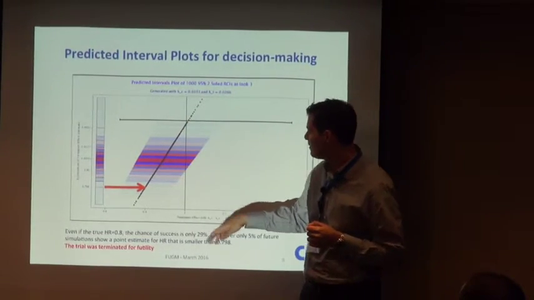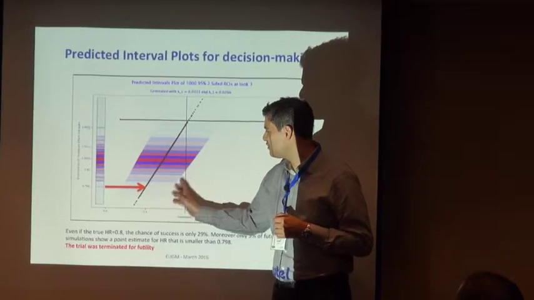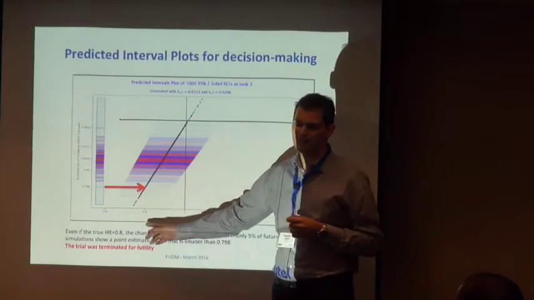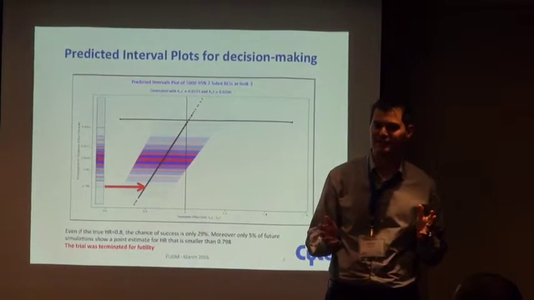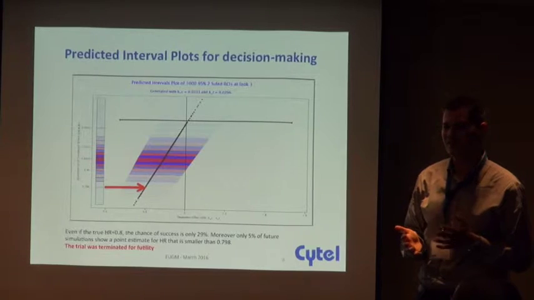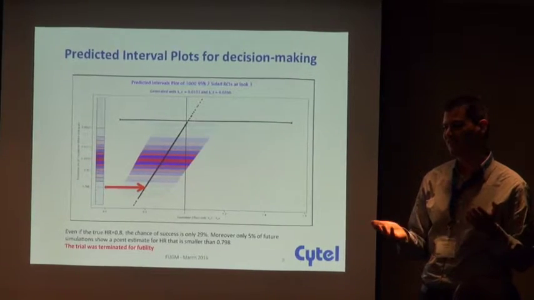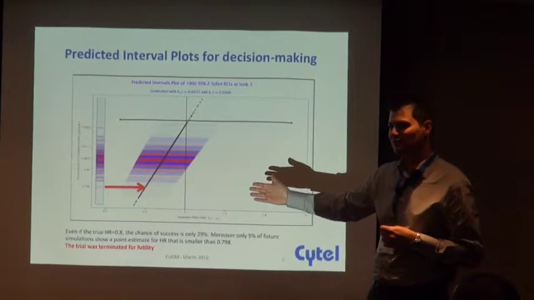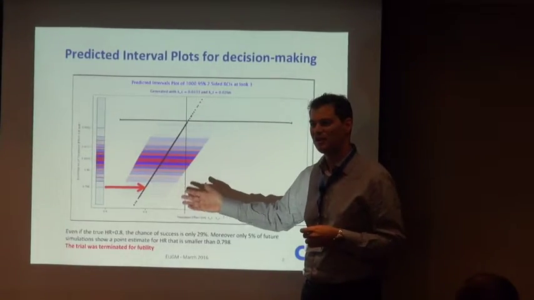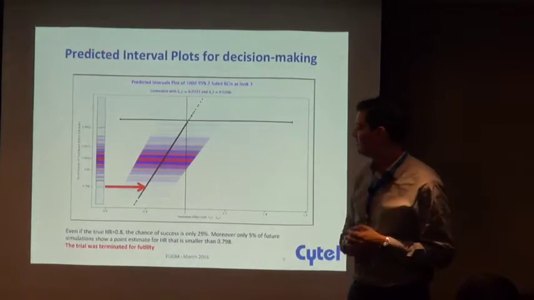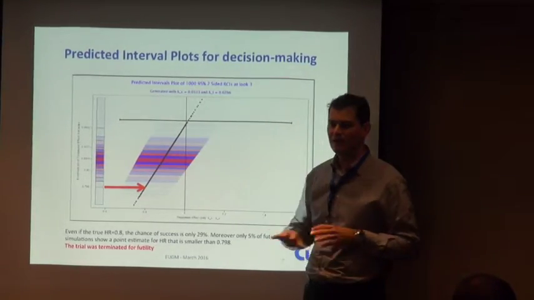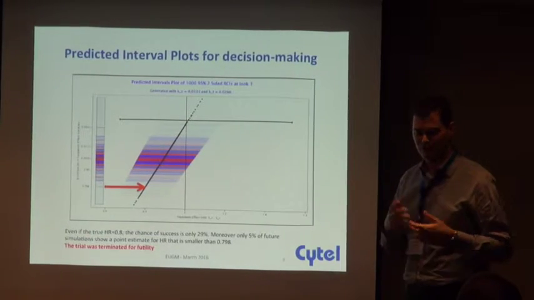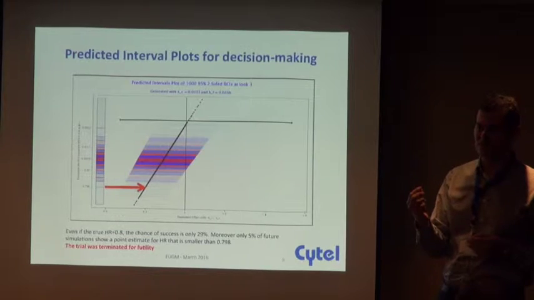So even though a number of these exclude the null, only 5% of the time are you actually going to get an estimate of the hazard ratio that is less than 0.8, and suppose that's the clinically meaningful effect, then yes, you could reject the null, but are you going to get an estimate at the end of the trial that is going to be meaningful in any sense? And this picture sort of gives you that greater picture just by drawing out the intervals rather than just the point estimates or just showing you one number like the conditional power.